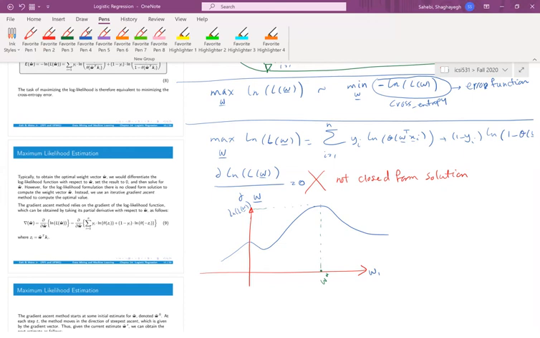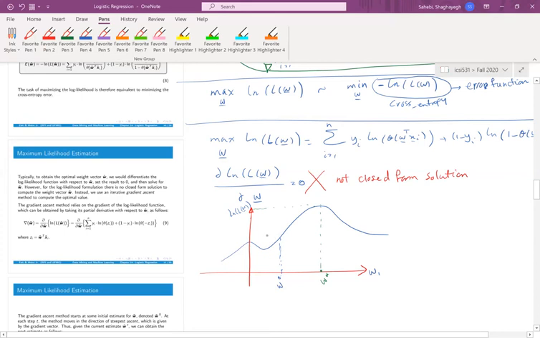Okay. Well, I am looking at this function. I know where W star is, but in practice, when you are trying to do this, you cannot really see it, right? So what we do is we start at a random value for W. Suppose I pick a random value for W, let's call it W0.